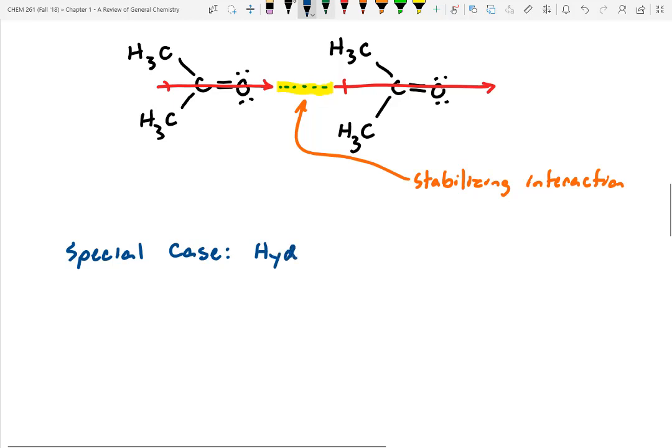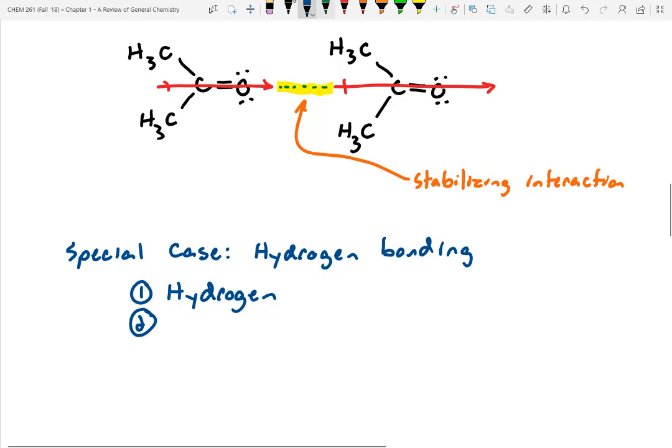So, hydrogen bonding. What's the first thing that you must have in order for a hydrogen bond to occur? Hydrogen, okay. Easy enough. What sort of atom must that hydrogen be attached to?